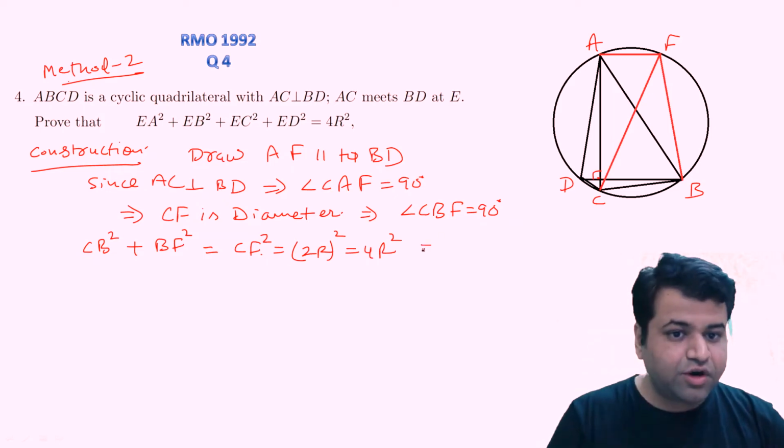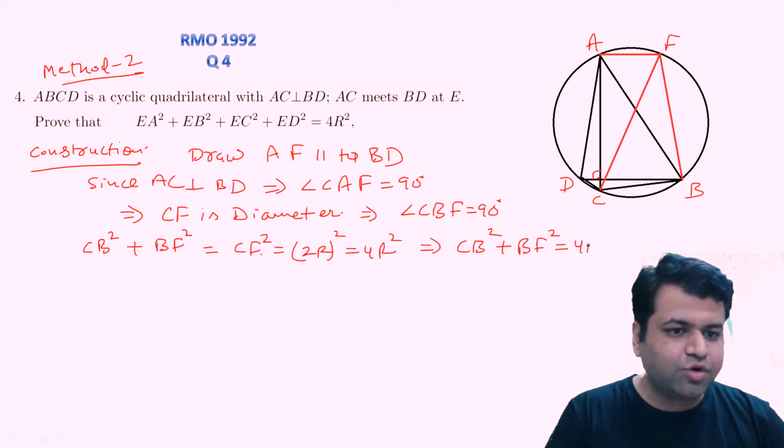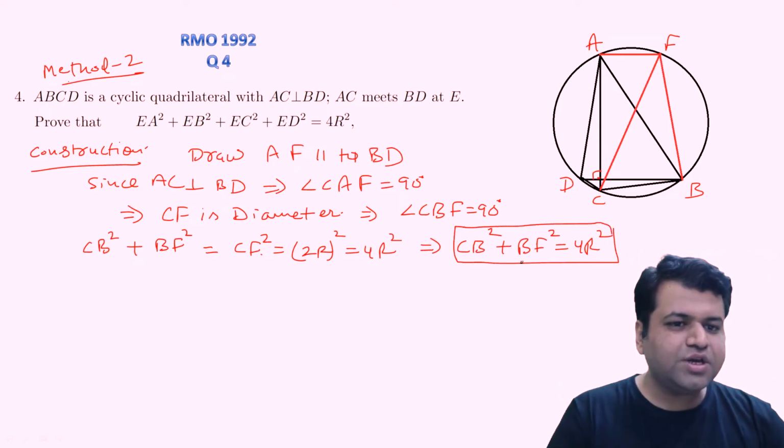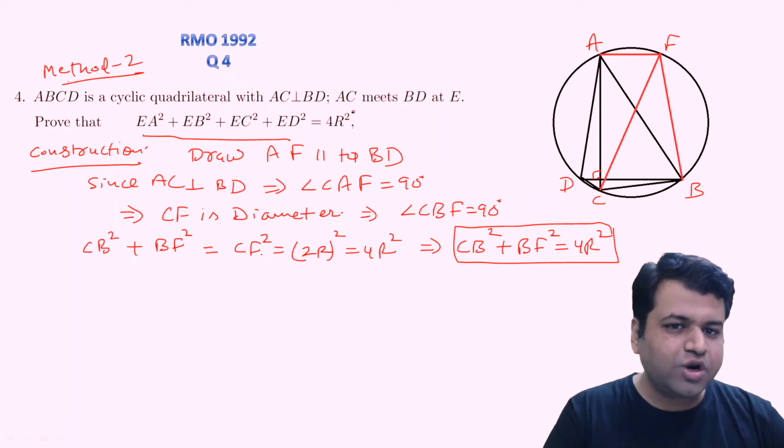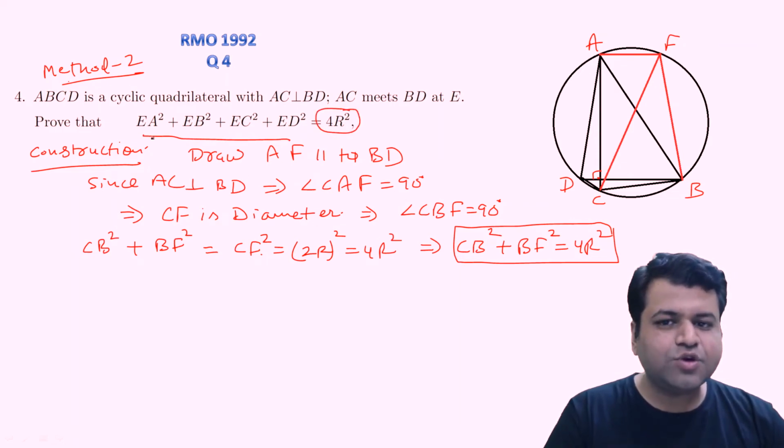So what we have got is CB square plus BF square is equal to 4r square. I hope many of you feel that this is what we had to prove, right? 4r square has come, but how is this CB square plus BF square equal to this?